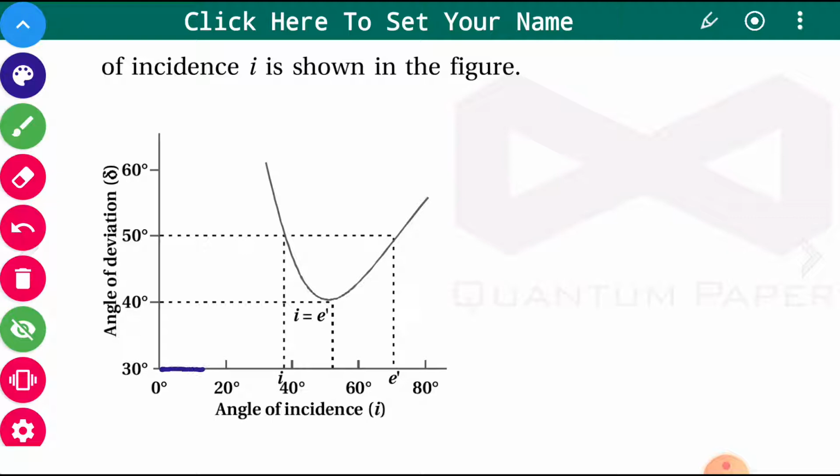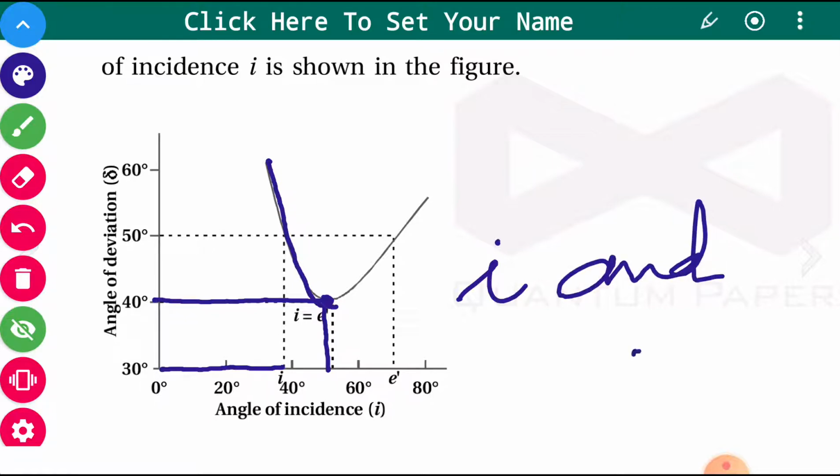Initially, if the angle of incidence is increased, then angle of deviation decreases, and for a particular value of angle of incidence, this angle of deviation becomes minimum. At that time it is found that angle of incidence and angle of emergence both are same.